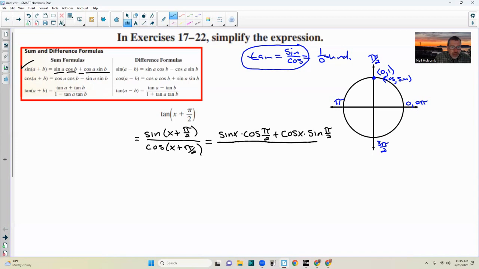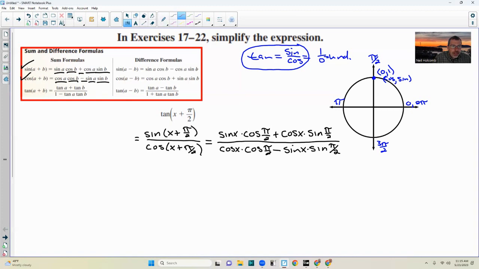And I'm going to divide this whole thing by the cosine sum rule, which says cosine of the first term, cosine x, times cosine of the second term, cosine of pi over 2, minus the sine of the first term, which is x, times sine of the second term, which is sine of pi over 2.